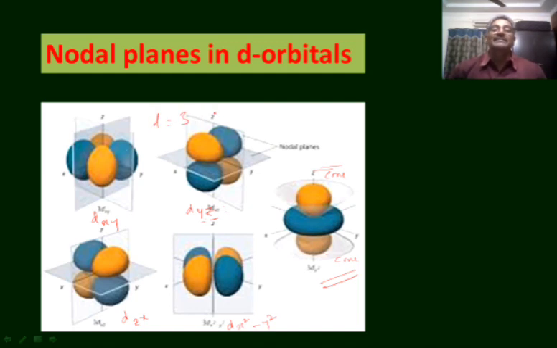So if the l value is 3, m can take 2 into 3 plus 1 values, that is 6 plus 1, equal to 7 values. That means there are 7 orientations for f orbitals. And these 7 f orbitals of a principal main energy level possess the same amount of energy.